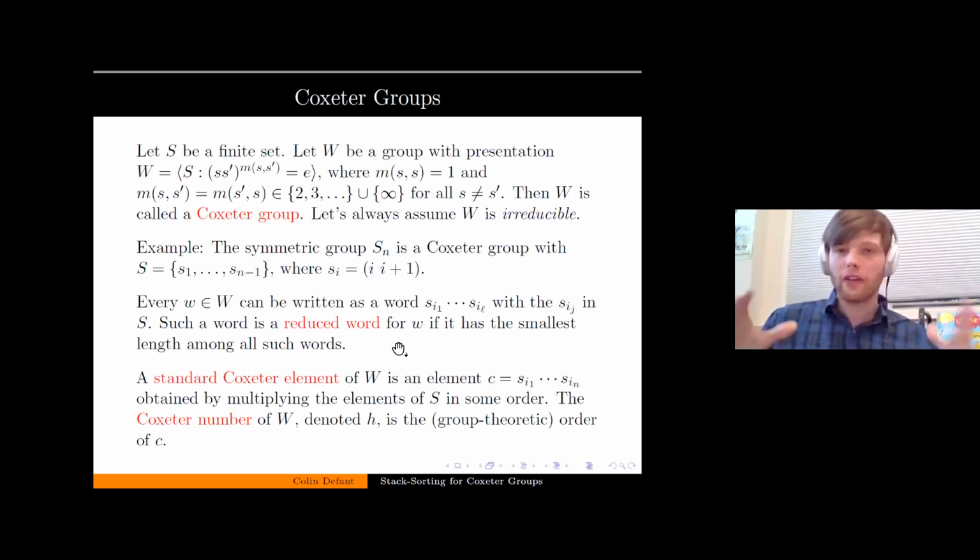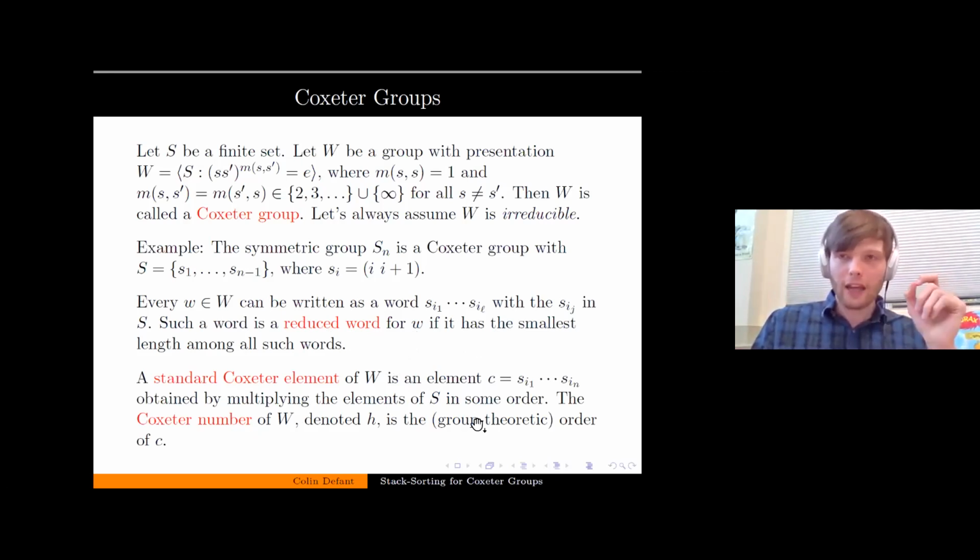A standard Coxeter element of W is just an element that you get by multiplying all of the simple generators together in some order. So just write them down in some order and multiply them together. What you're left with is a standard Coxeter element. And the Coxeter number of the group, which I'll denote by H, is the order of this Coxeter element. So my convention is that if we have an infinite group, then the Coxeter number is just infinity.